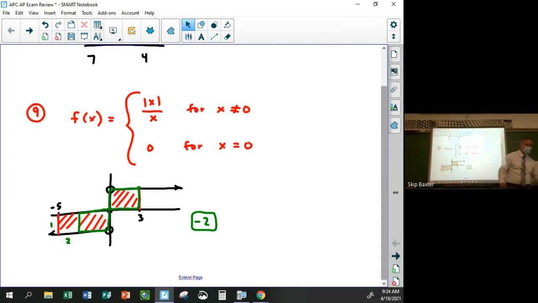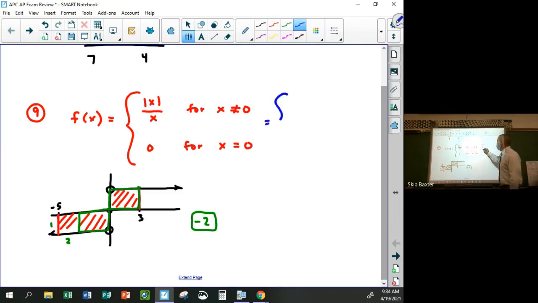Is there any other way to solve this? Geometrically is really the only way to do it. I mean, you could do it analytically, but it's way harder. Like you'd have to say this is 1 if x is greater than 0, negative 1 if x is less than 0, and 0 if x equals 0.